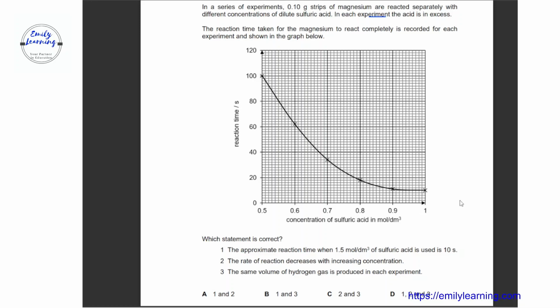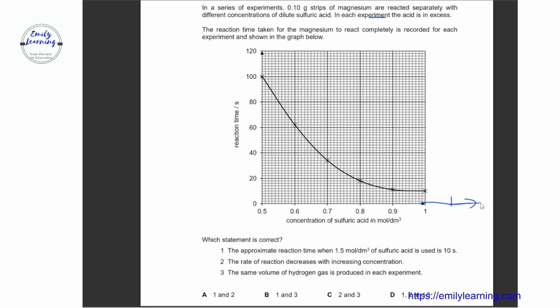So at 1.5 mole per dm³, which is far away, very likely it still remains the same, which is this value here. And yes, it is 10 seconds. If you look at the vertical axis, it will go to 10 here. So this is correct. The rate of reaction decreases with increasing concentration. No, the rate of reaction increases with increasing concentration.